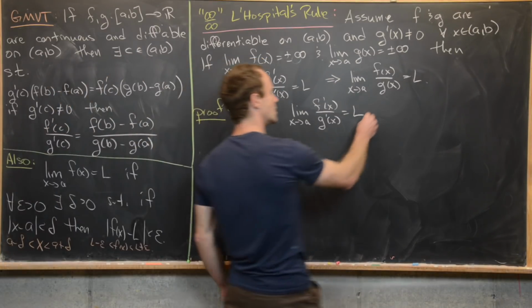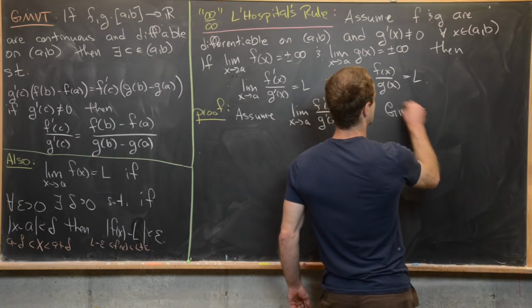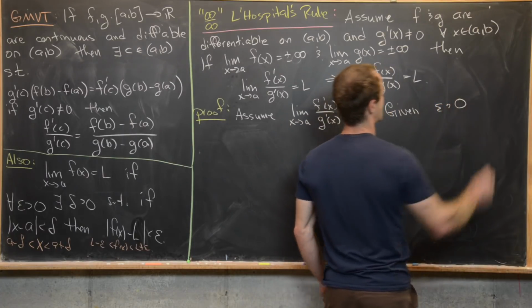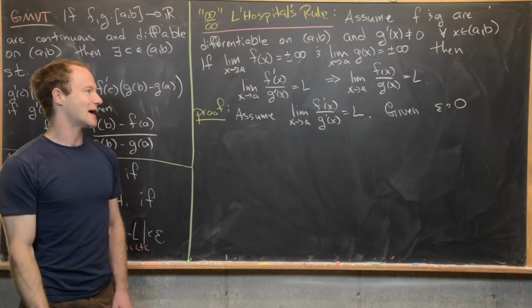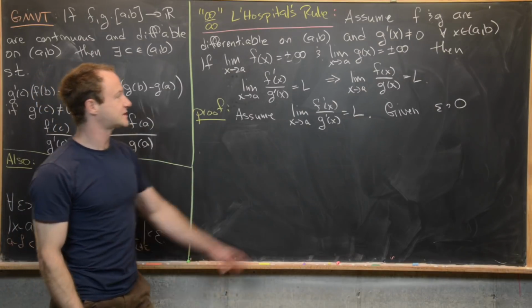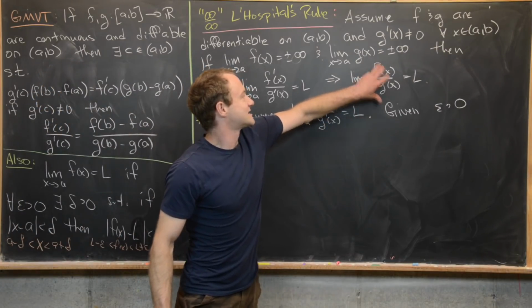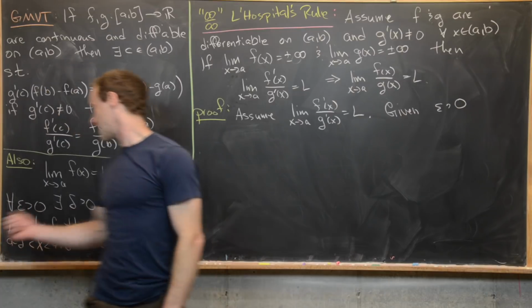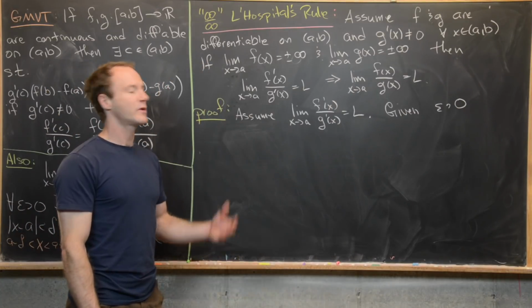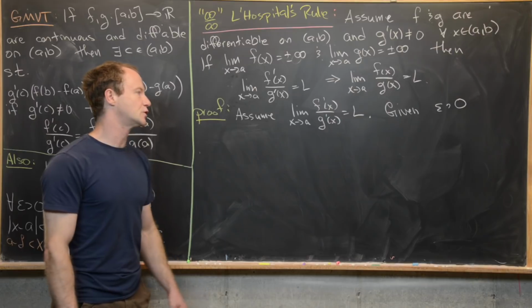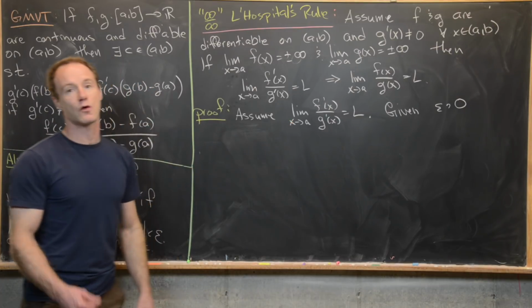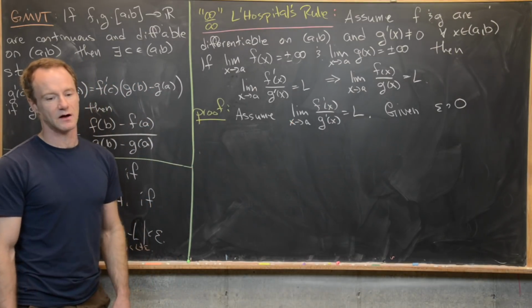And then also, we want to say that we have been given some arbitrary epsilon bigger than 0. And this epsilon is what we're going to use to show that this limit is L using the precise definition of the limit. But before we get to that, we want to build some useful tools out of the fact that the limit of the quotient of the derivatives equals L.